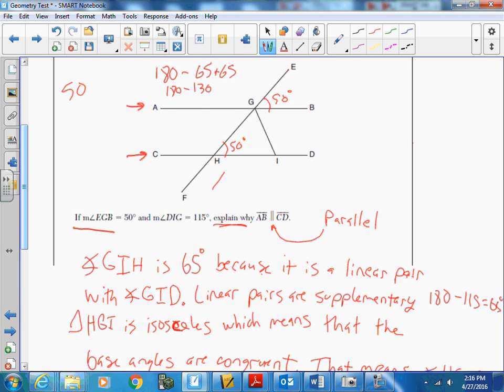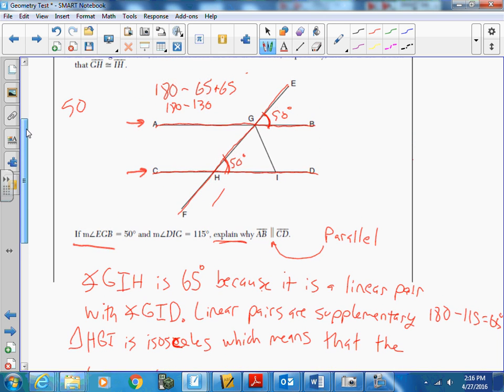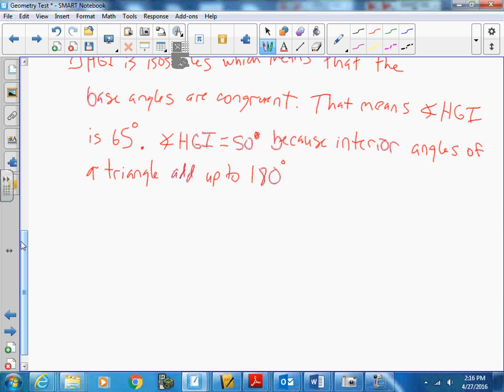So if you can try to imagine this line and this line and then this line going through, since the corresponding angles are both 50 degrees, that means these lines AB and CD have to be parallel. So let's write something else here. And there might be a quicker way to do this. I'm sure that there is actually. But this is one way you could do it. And you might as well write as much as you can. Just get all the points you can.